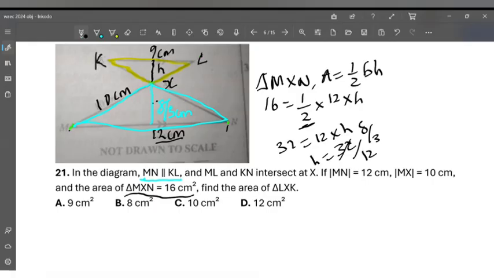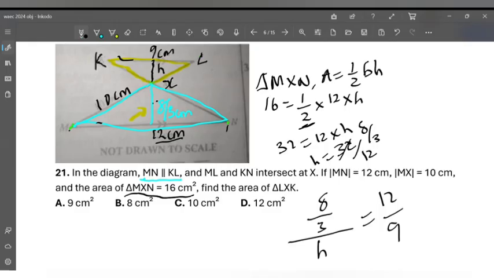What I can say is that the height of this lower triangle, which is 8 over 3, over the height of the one I'm looking for at the top, which is H, is equal to the base of this lower one over the base of the upper one, which is 9. So I just compared their heights. The ratio of their heights should be equal to the ratio of their bases.